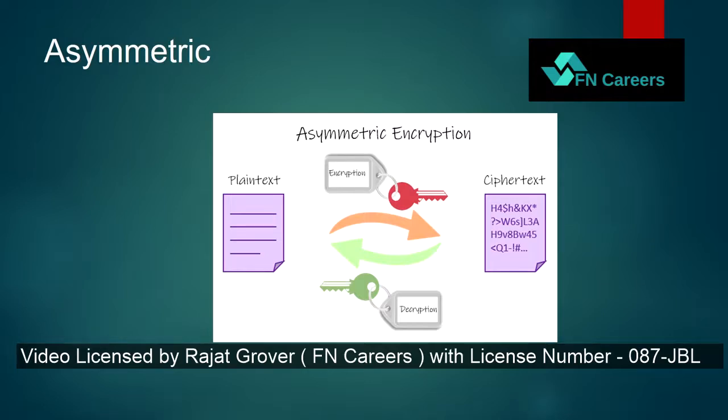Here we can talk a little about Diffie and Hellman. So Whitfield Diffie and Martin Hellman, who were researchers at Stanford University, first publicly proposed asymmetric encryption in their 1977 paper, New Directions in Cryptography.